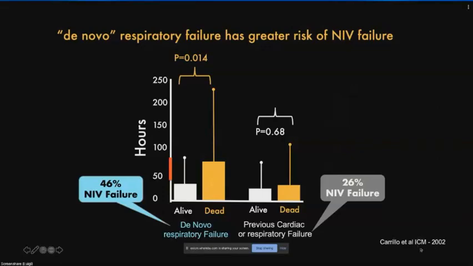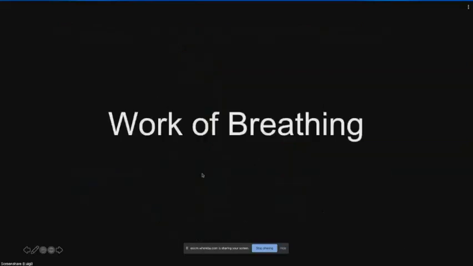You can see this is a study now in 2002 that shows in hypoxemic respiratory failure, patients with de novo respiratory failure, in other words, they didn't have any previous cardiac or respiratory support, and then they do not survive the intubation, there is a delay of a few hours in the intubation of these patients.